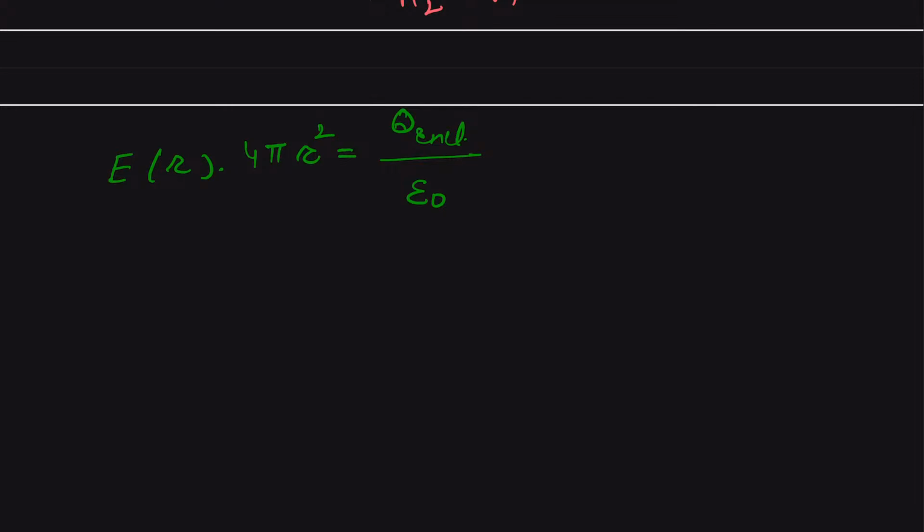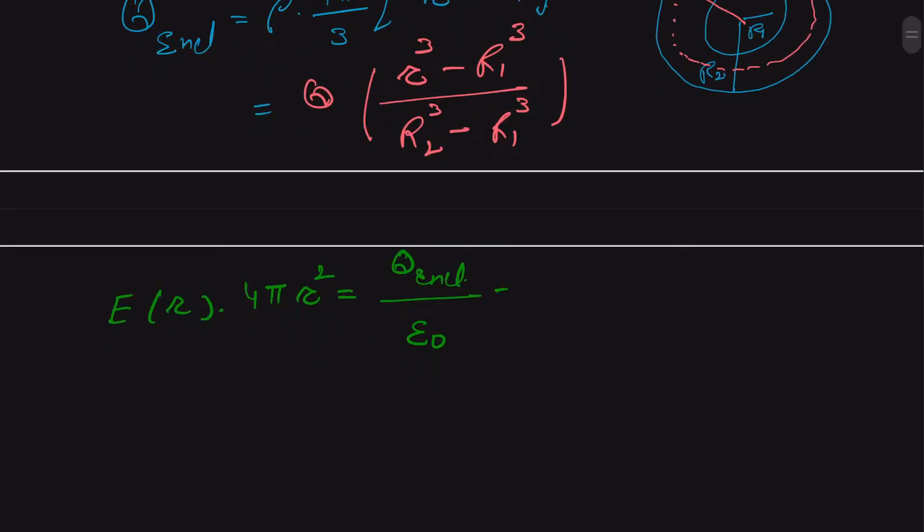Our Q enclosed is Q times (r cube minus r1 cube) divided by (r2 cube minus r1 cube), and this is epsilon naught.